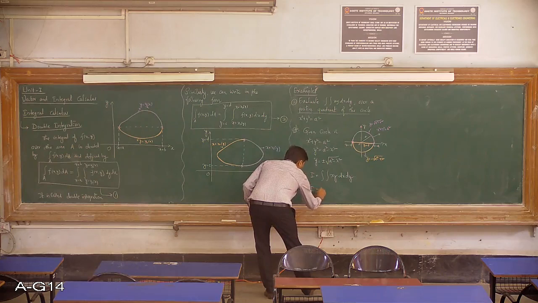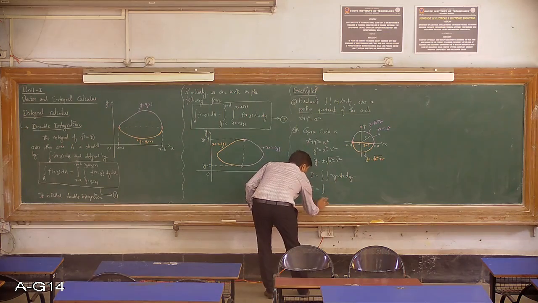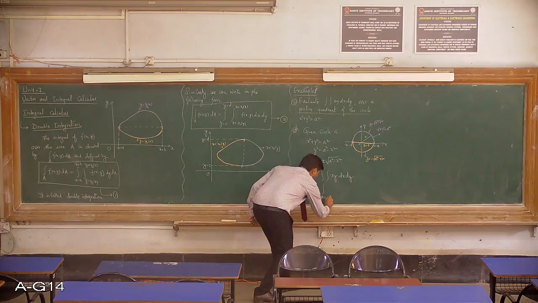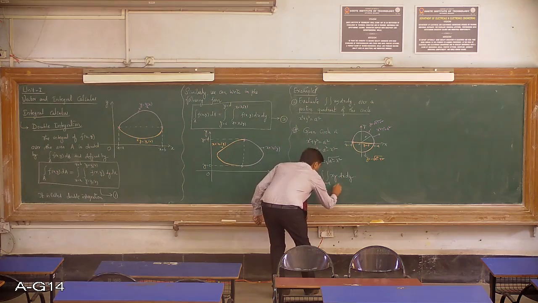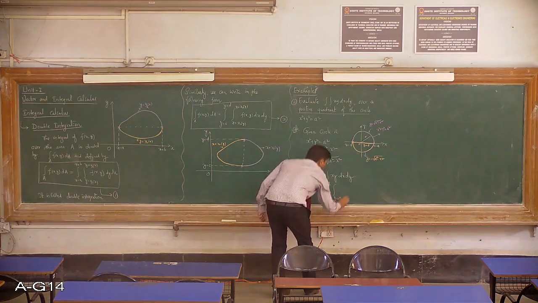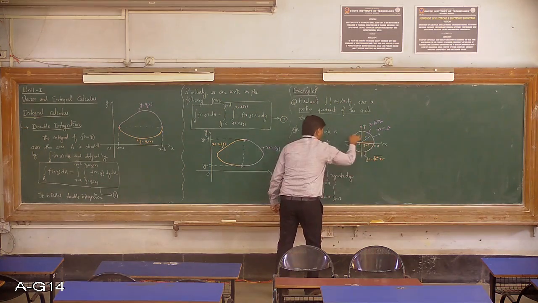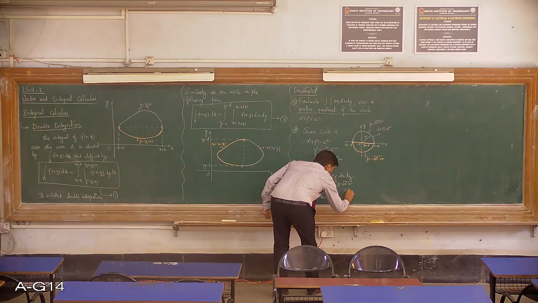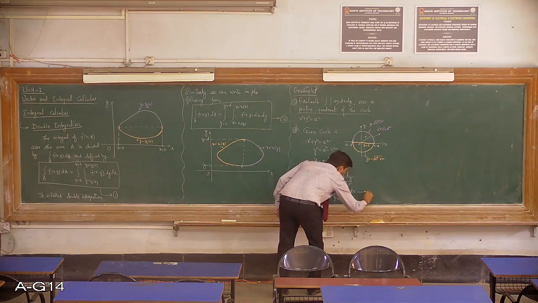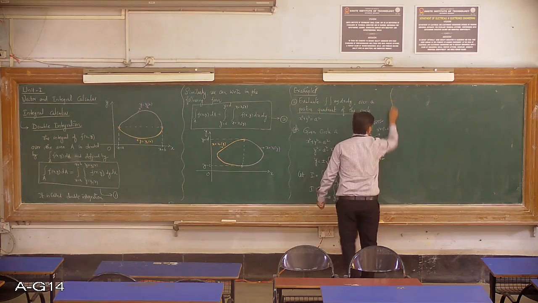That means I is equal to, first fix the x coordinate, x equals minus a to x equals plus a, and here y is equal to 0 to y is equal to square root of a square minus x square, dy dx. Call it 1.